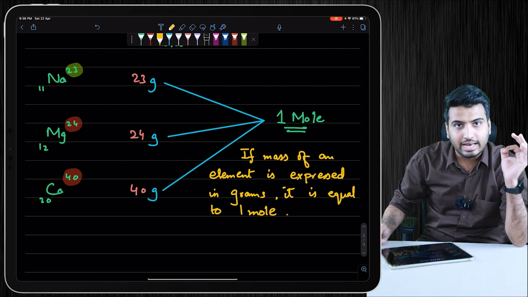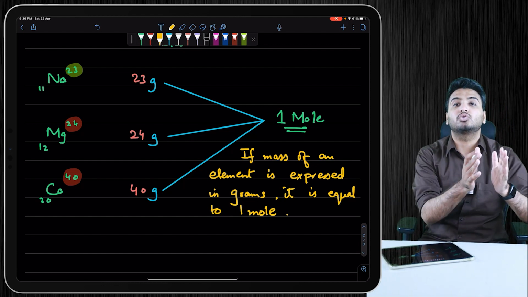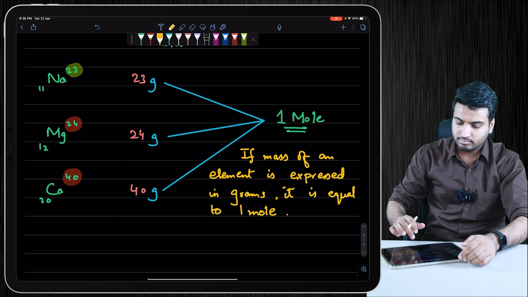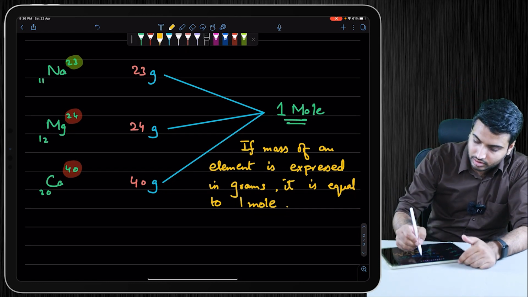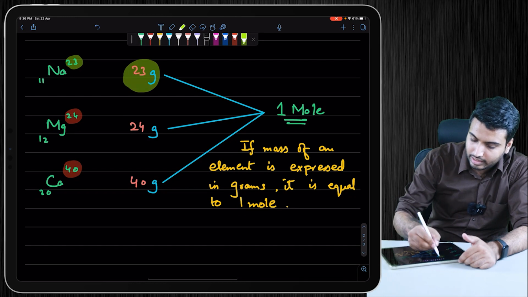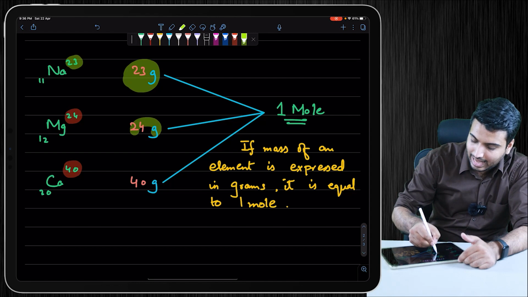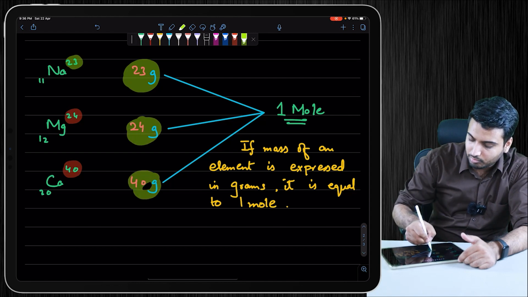Alright, if mass of an element is expressed in grams, it is equal to 1 mole. And these masses over here, we call them molar mass.